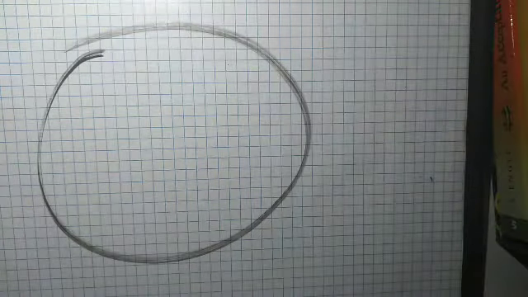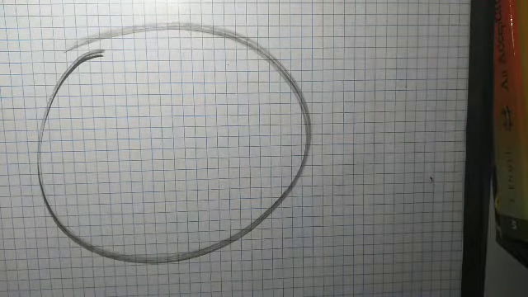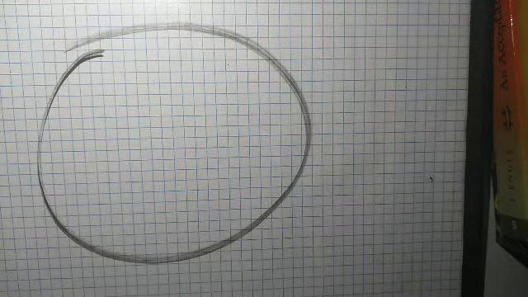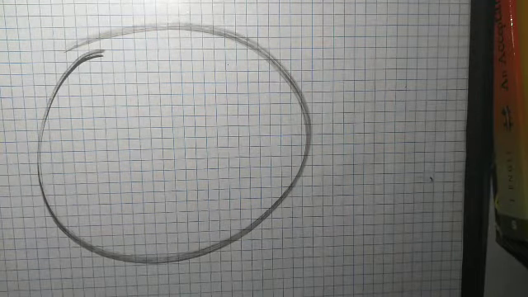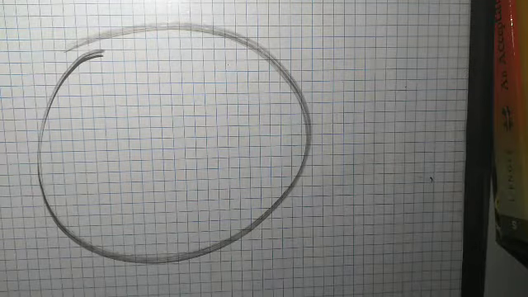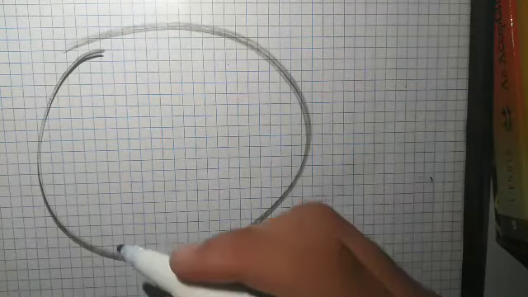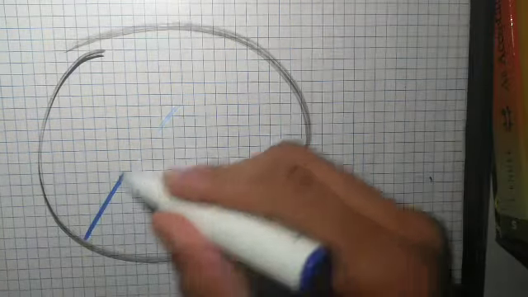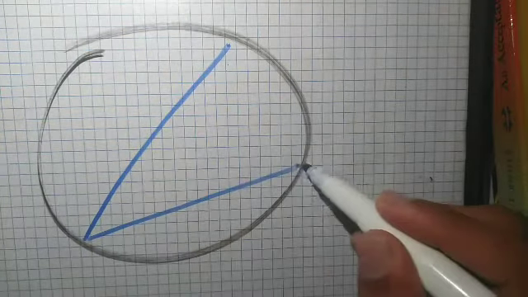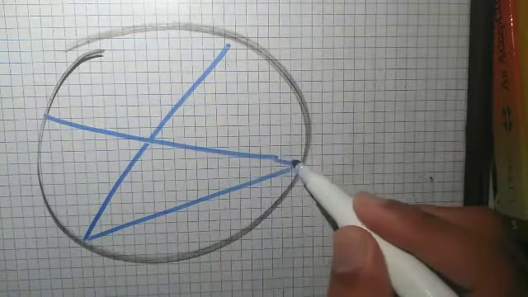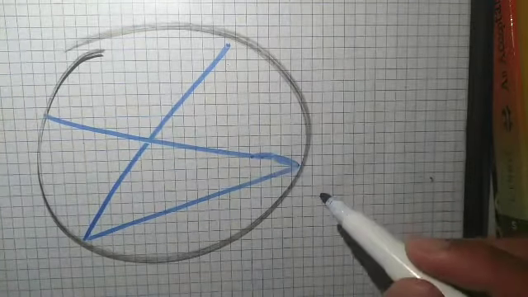But let's do a little example. Let's say we have our circle. Let me draw it out really quickly. What we are trying to find is very similar to what we were looking at earlier. We are going to try to find the missing angle measure. So let's say we have a couple chords and a couple intersecting inscribed angles.